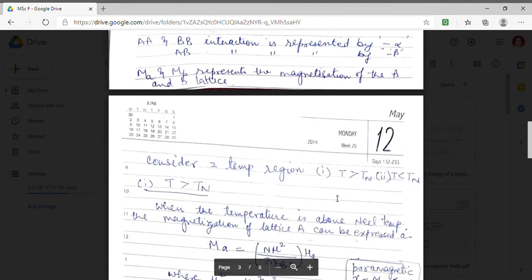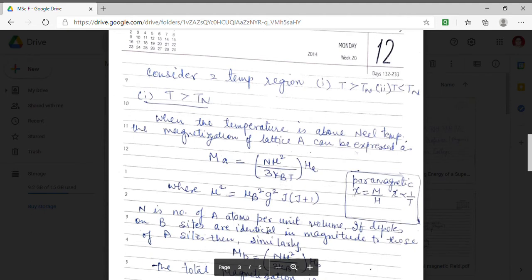Let my temperature be greater than Néel temperature. So the magnetization of lattice A, Ma, will be n mu square upon 3 kBT Ha, because in a paramagnetic material susceptibility is inversely proportional to temperature.